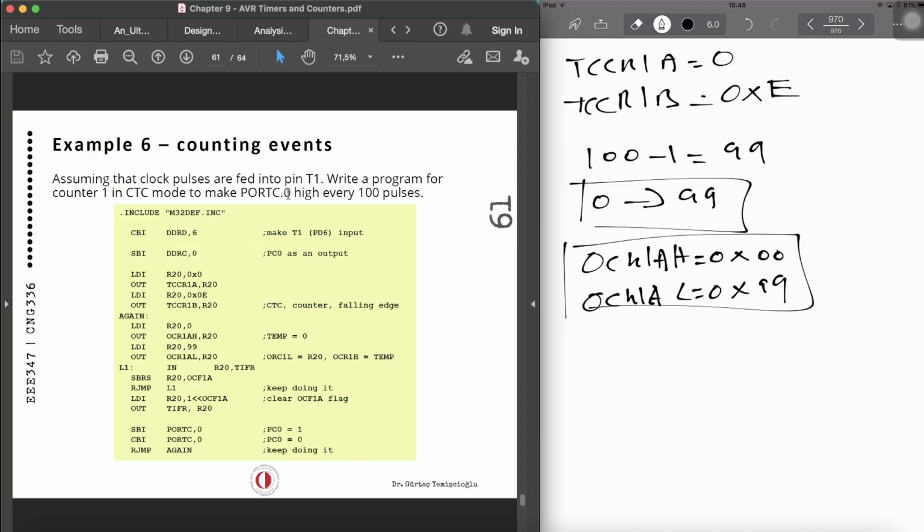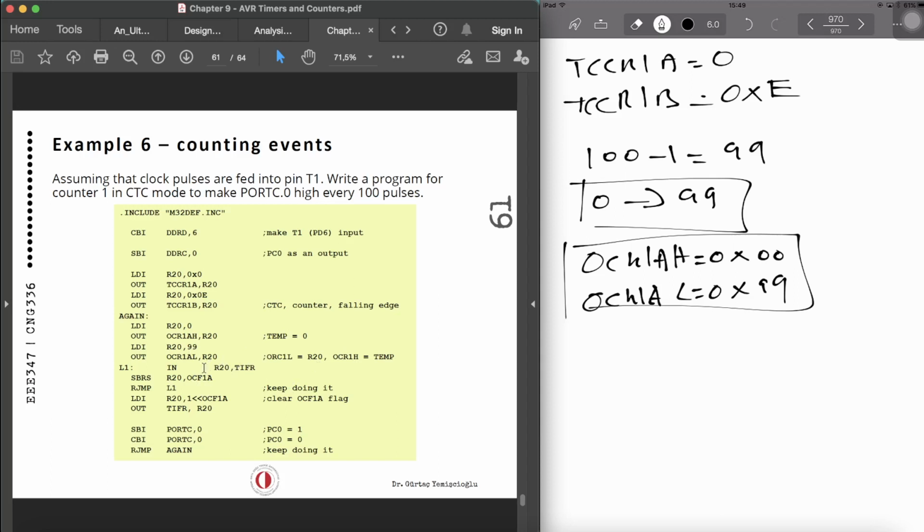And as we are going to set port C pin 0 to be high, we have to make that an output port. Then TCCR1A will be 0 and TCCR1B will be hex E. So those are configured: CTC counter on the falling edge. Then we load the 99 into our OCR registers, because this is the point at which we have to compare and check the flags.